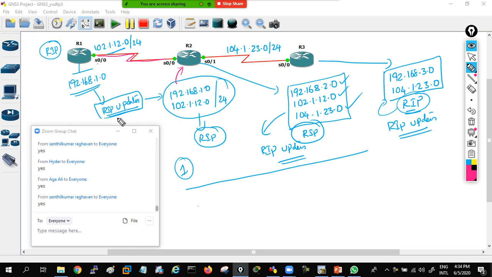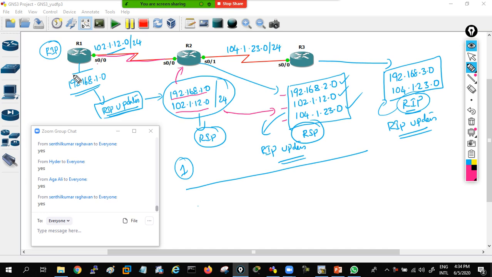Are you clear, guys? Then R2 receives those updates. What updates does it receive? 192.168.1 and 102.1.12. Then immediately Router 2 checks them against its routing table, where the updates already existing, advertised in RIP, are 192.168.2, 102.1.12 and 104.1.23. This is how dynamic routing protocols talk to each other.